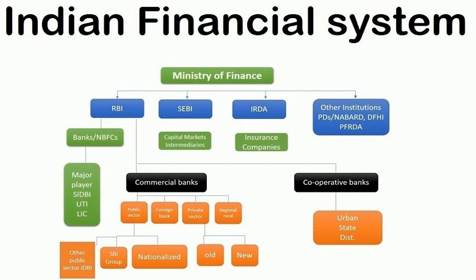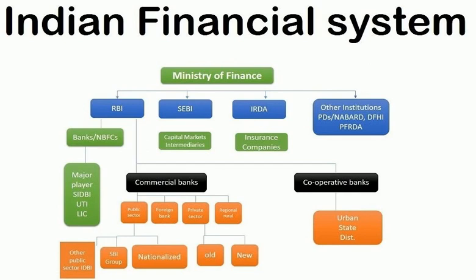Now the second component is financial institutions. The financial institutions are commercial banks, development banks, and specialized financial institutions like export-import bank, etc. They pool funds from savers and provide them to the corporate sector and others who need finance.